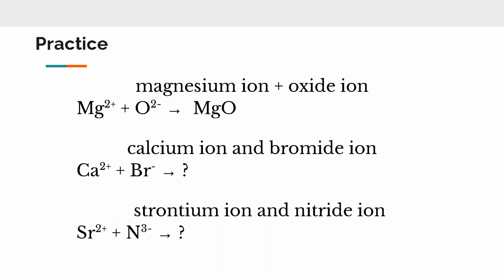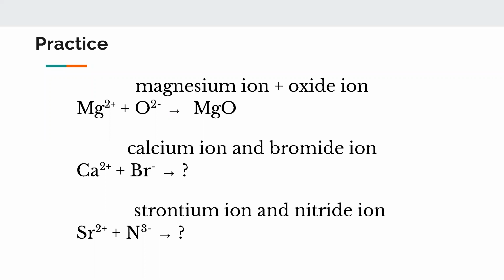For example, the magnesium ion and the oxide ion are 2 plus and 2 minus. So the final solution is just MgO, right? I'll give you some time to figure out the next two. The calcium ion and the bromide ion are 2 plus and 1 minus. How many of each ion would you need to balance it out?